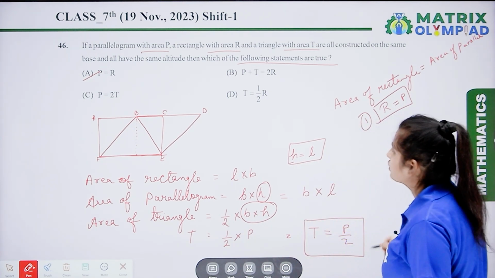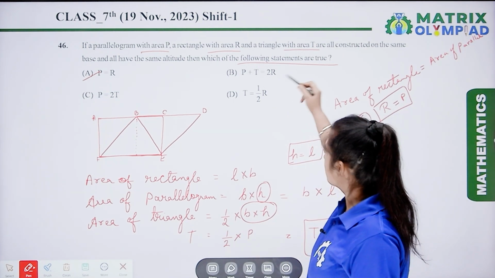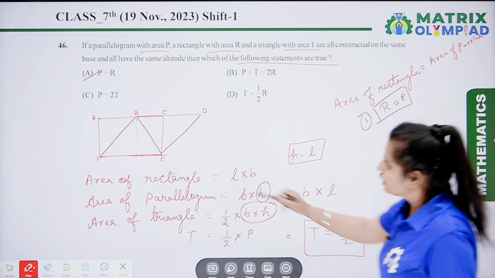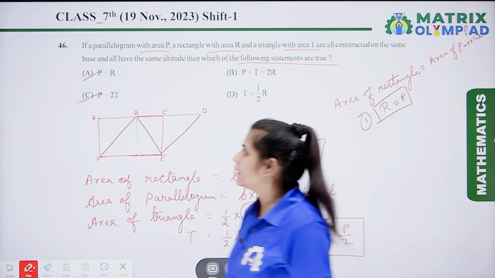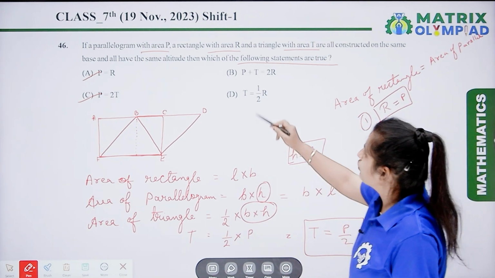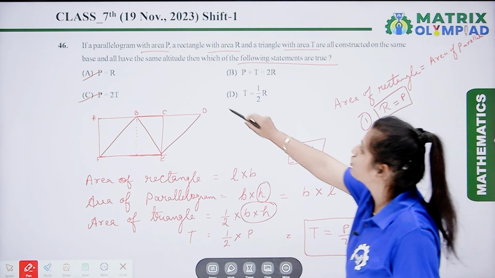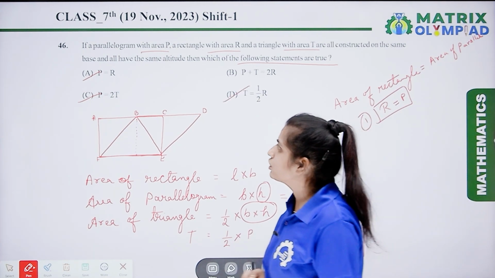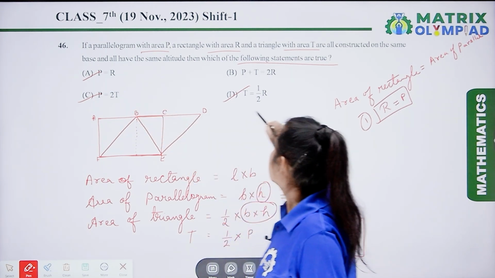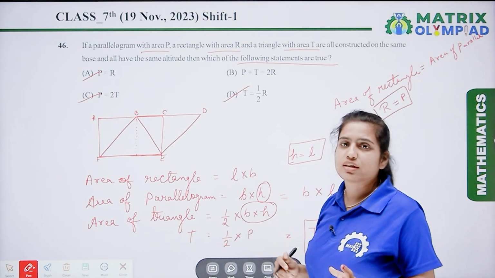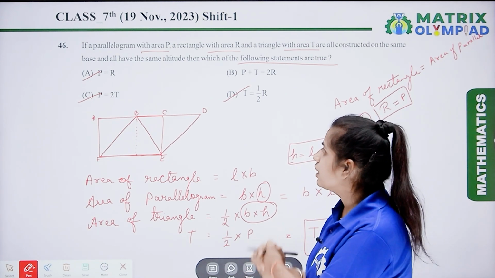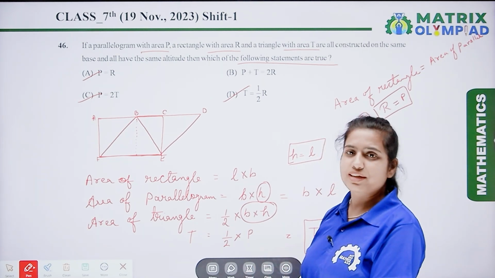So, this is the next statement. Here P plus T is 2R. It's not possible. According to this, we can say that option C is the correct answer, as P is equal to 2T, and the last one is T is equal to 1 upon 2R. So, option D is also the correct one. So, here in this 46th question, we can say that A, C, D are the correct options. So, here the answer is A, C and D.